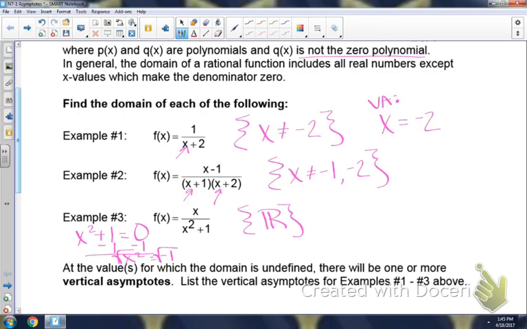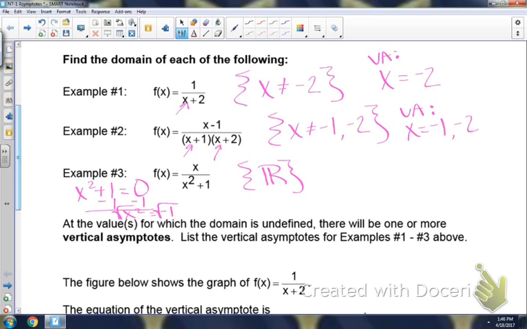Number 2, vertical asymptote would be -1, -2. So it's whatever causes your denominator to be 0. On number 3, nothing caused our denominator to be 0, so there would not be a vertical asymptote on number 3, so you could just write none there.